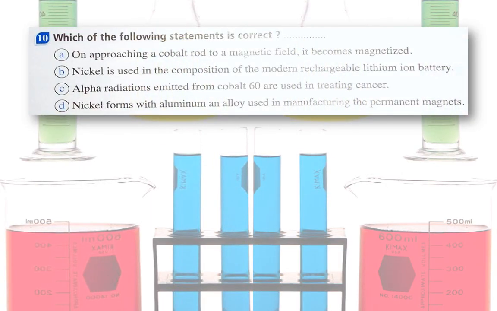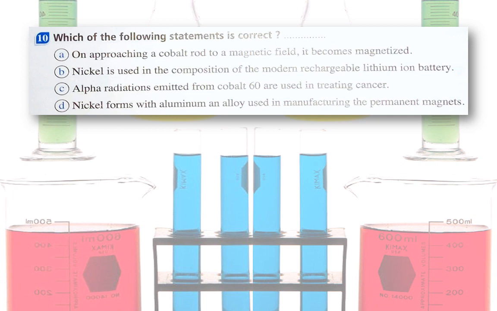Question number 10. Which of the following statements is correct? We have here on approaching a cobalt rod to a magnetic field, it becomes magnetized. Nickel is used in the composition of modern rechargeable lithium ion batteries. Alpha radiations emitted from cobalt-60 are used in treating cancer.